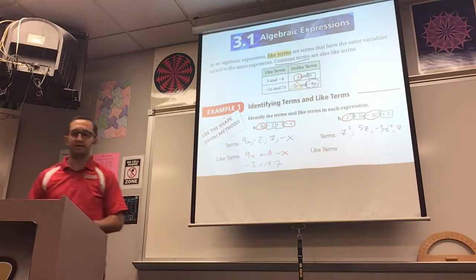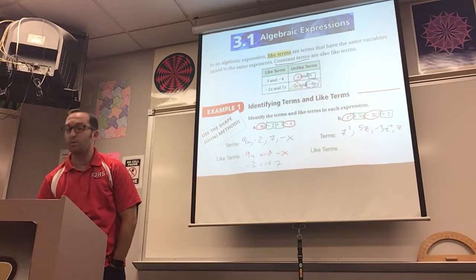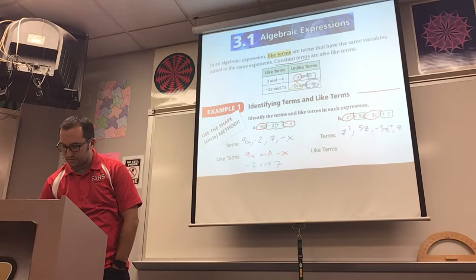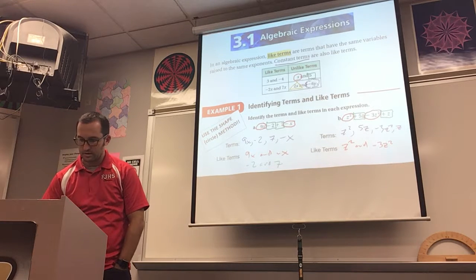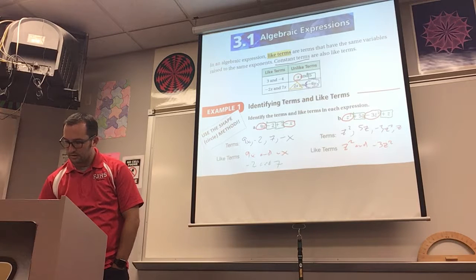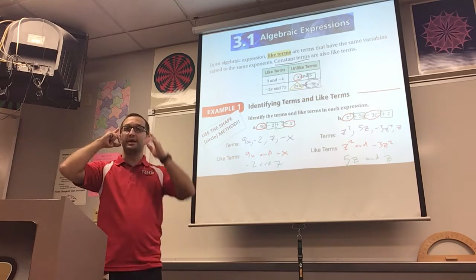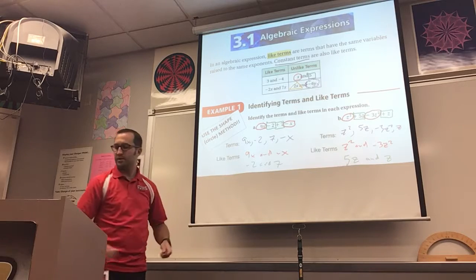So like terms would be the ones that I circled and then the ones that I rectangled. The circled ones would be z squared and negative 3z squared. And the other ones are 5z and z. That's the difference between like terms and just terms, okay?